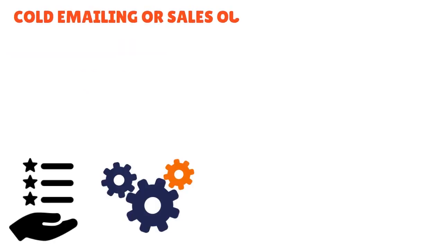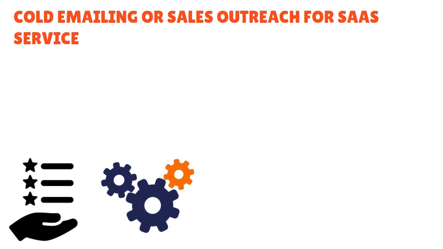You also have GetProspect. GetProspect is a good option if you focus more on B2B outreach, such as cold emailing or sales outreach for SaaS services. The tool works a bit differently from Hunter.io in that it allows you to search emails from LinkedIn.